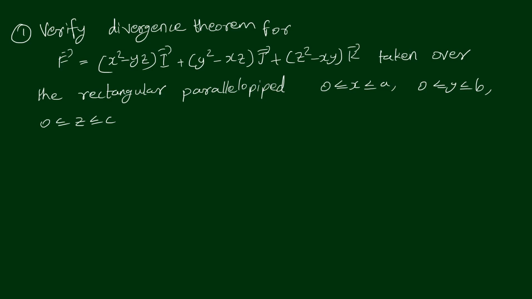So a rectangular parallelepiped means a portion like this. If a equals b equals c, we will get a cube. So it is a brick-like shape. First we can identify the shape.